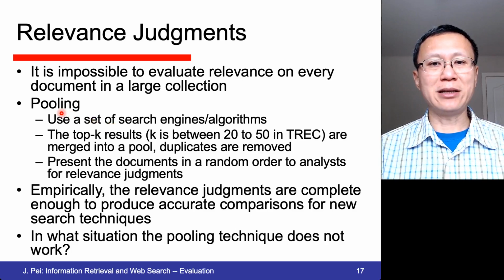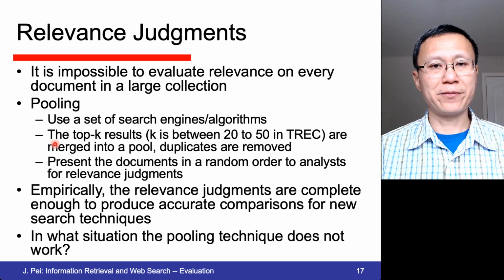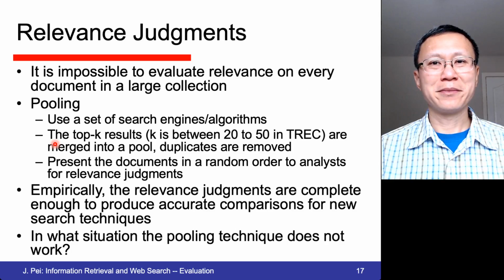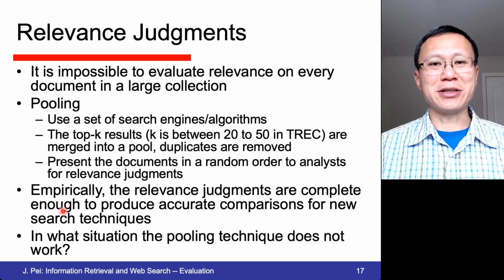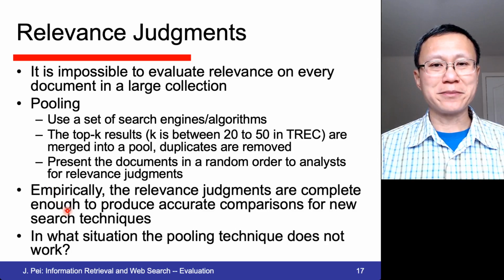However, it does not mean the pooling method works everywhere. Still, there are some situations where the pooling method may not work well. Can you imagine in what situation it may not work well? One situation is the following.